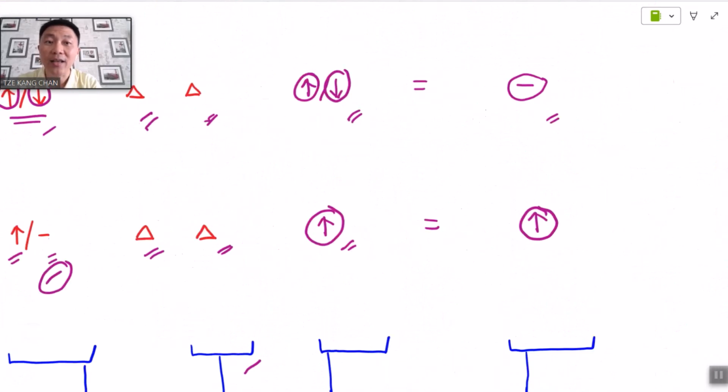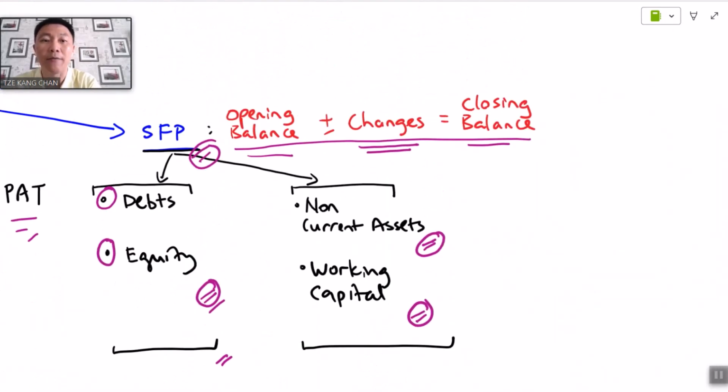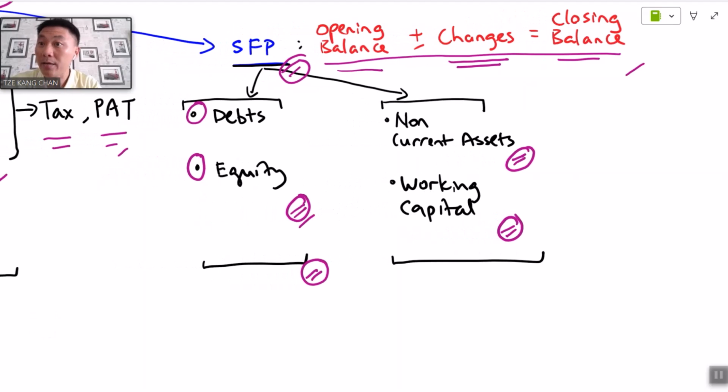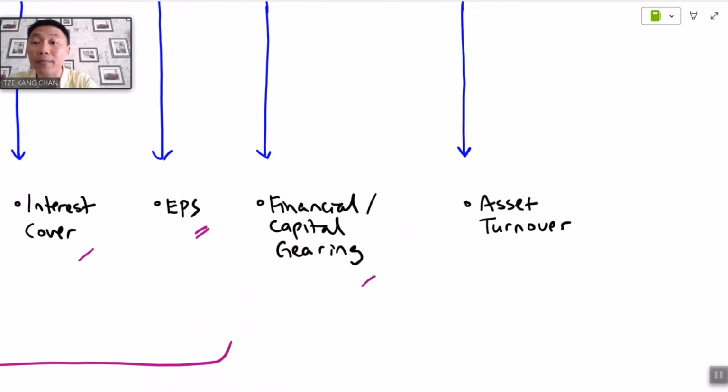The same applies in assessing the impact shown on the statement of financial position. As far as the change shown in the sources of long-term finance is concerned, the most commonly used financial ratio is financial gearing, or what we term capital gearing.